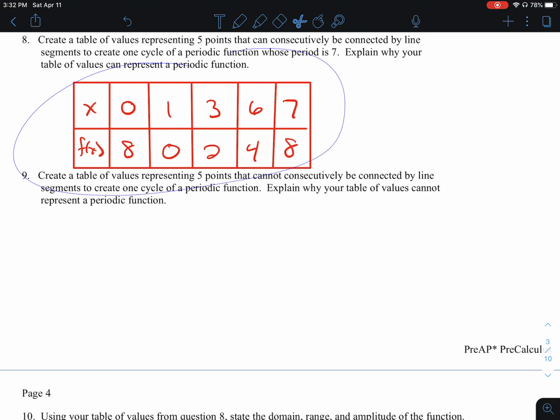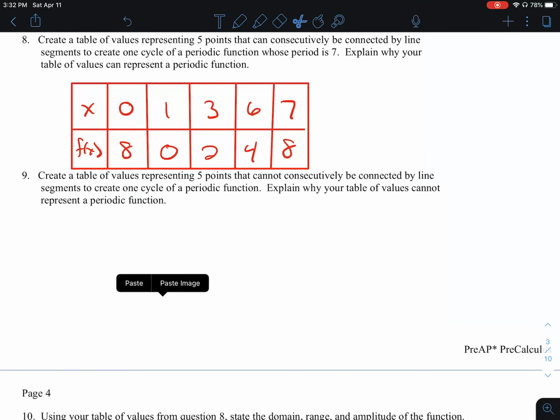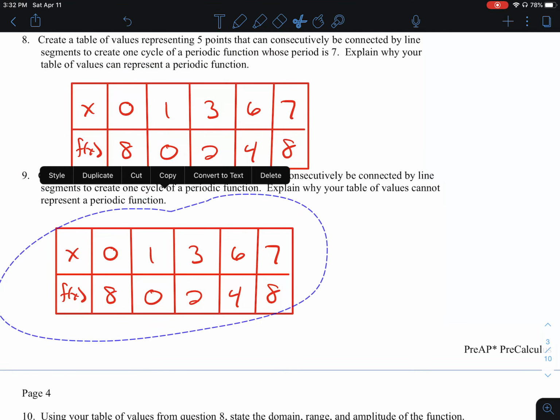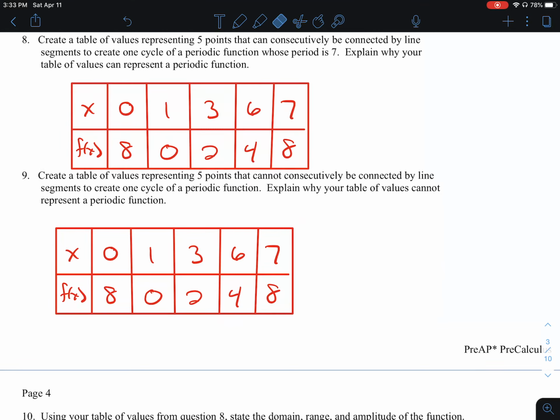Let me use the same table, I'll change values. So if these can't be consecutively connected by line segments, but I do need points.